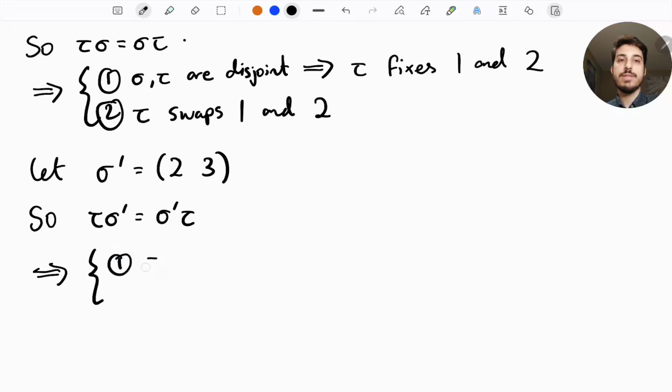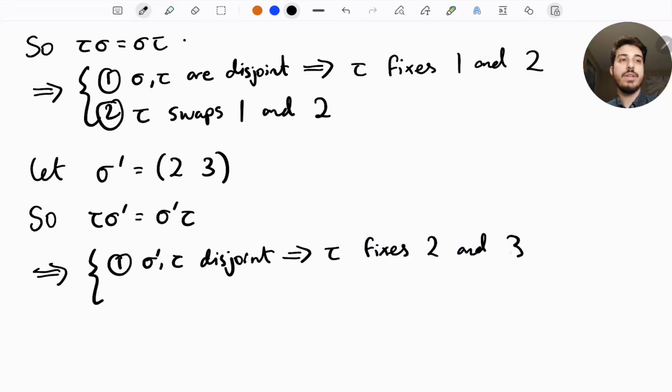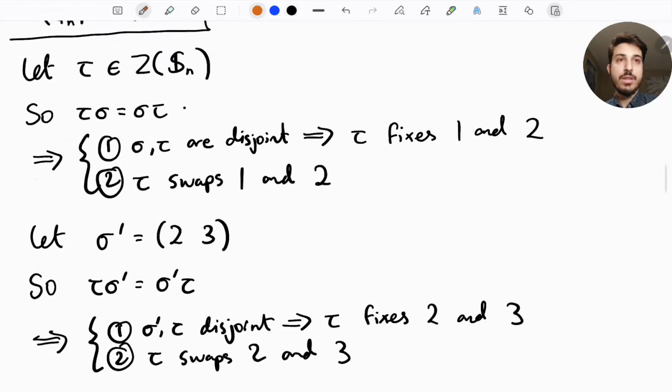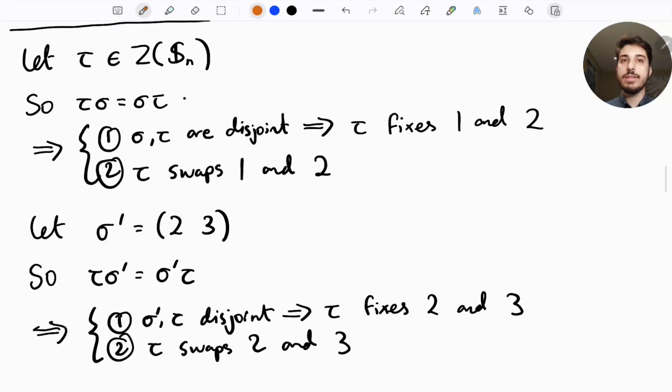One, sigma prime and tau are disjoint. This means that tau fixes 2 and 3. The second one being that tau swaps 2 and 3. Okay, let's see what we get when we combine these logical possibilities together.